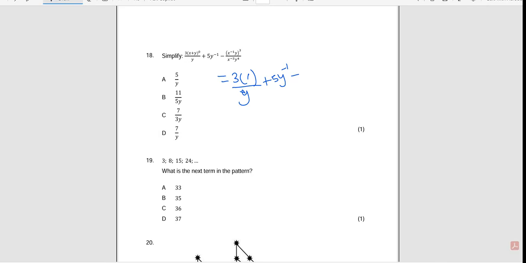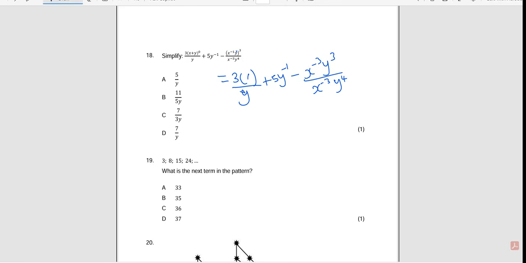So here we're going to multiply everything. It's going to be x to the negative 1 times 3, which gives me negative 3, and y to the exponent of, because if we have nothing, we have 1, 1 times 3 is going to give me 3. And everything divided by x to the exponent of negative 3 times y to the exponent of 4.